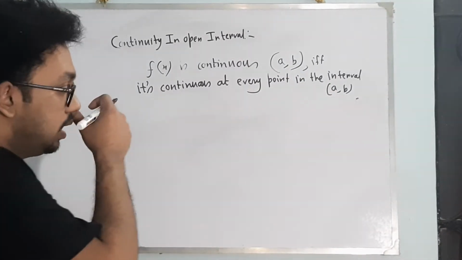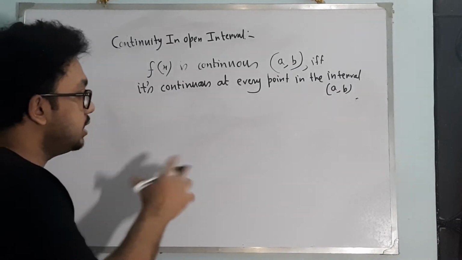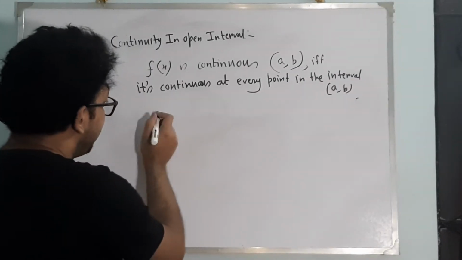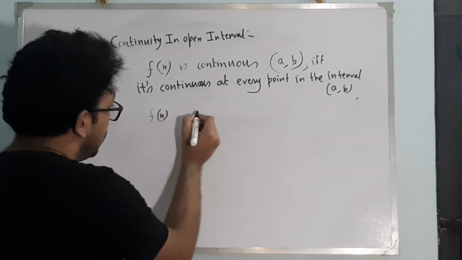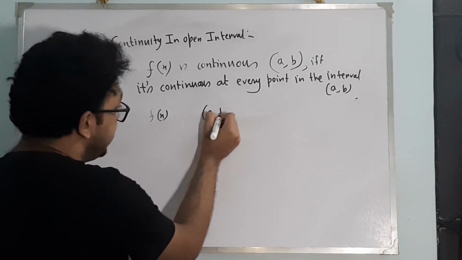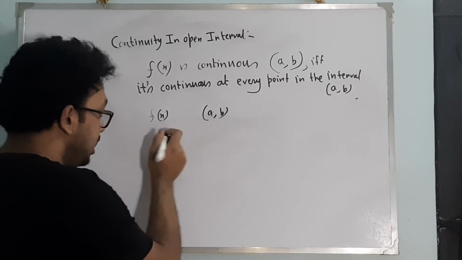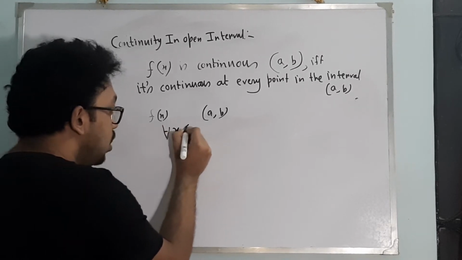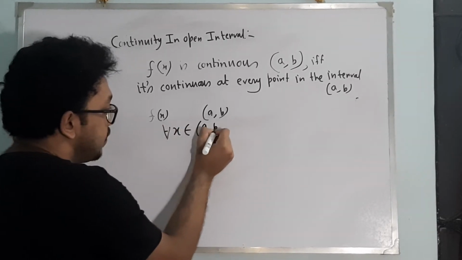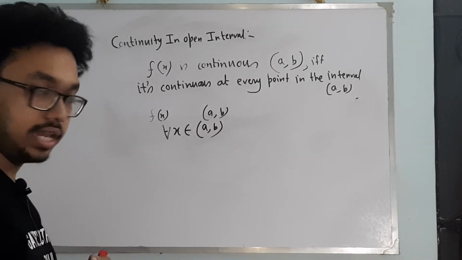Clear? This can be mathematically represented in this way, that the function f(x) will be continuous in the open interval a to b if the function f(x) is continuous for all value of x belonging to the open interval a comma b. Clear?